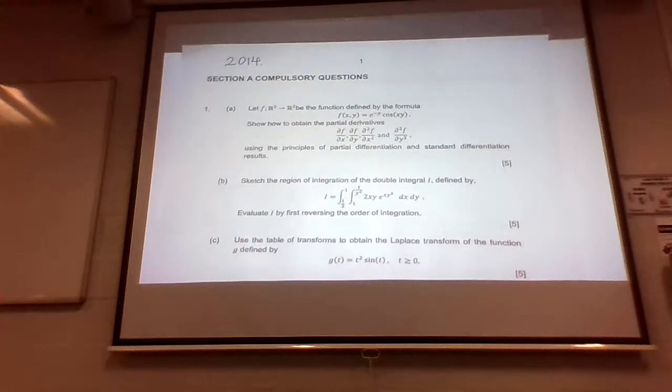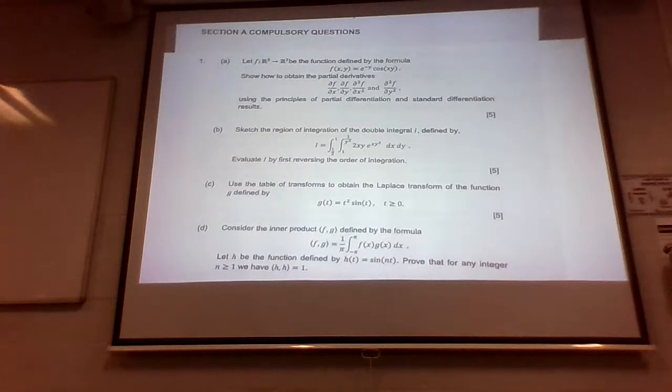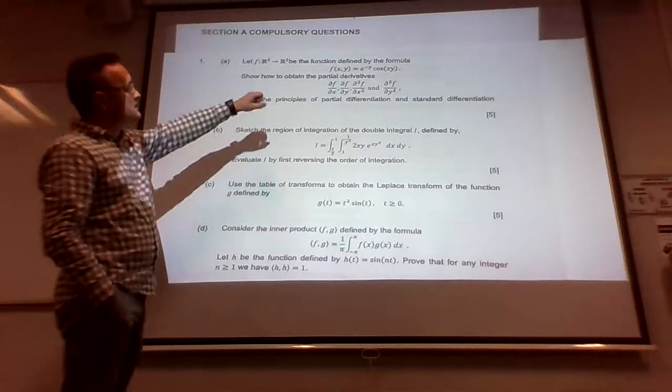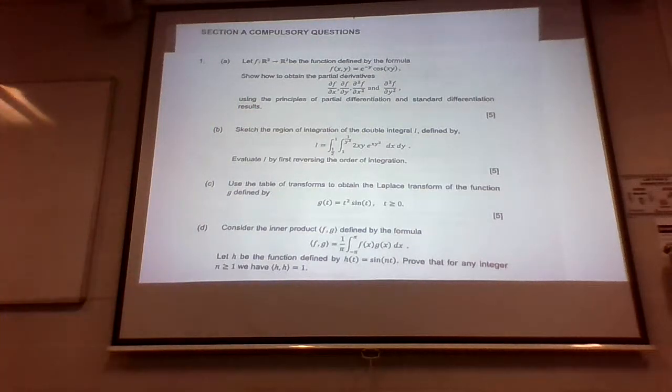And if you look in the compulsory type question, I guess there's two things here from our multivariate calculus. An exercise about finding certain partial derivatives, and a second one, a double integral over a non-rectangular region. Okay. So shall we look at parts A and B of question 1, I think?